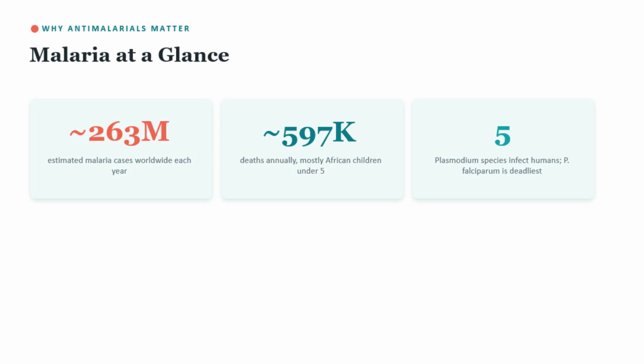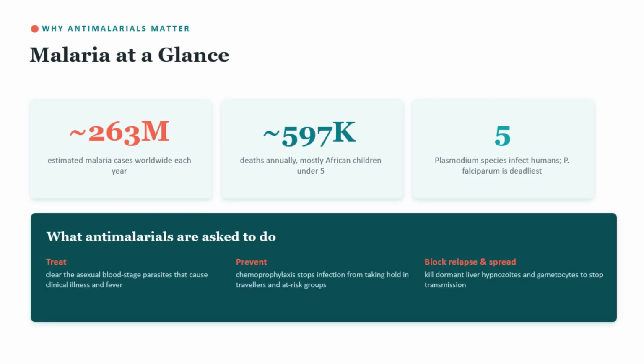Let me start with why these drugs matter. Worldwide, we're looking at 42 to 63 million cases and about 597,000 deaths every year, concentrated in young African children. 5 Plasmodium species infect humans, and I want you to remember that P. falciparum is the deadliest.